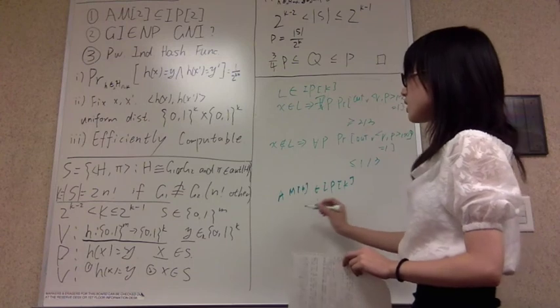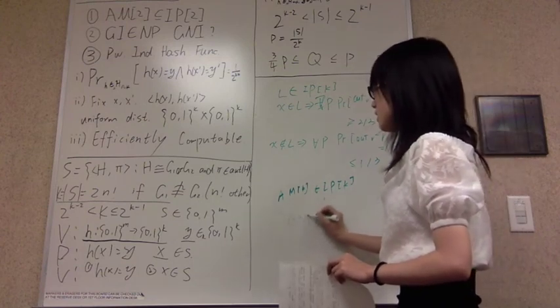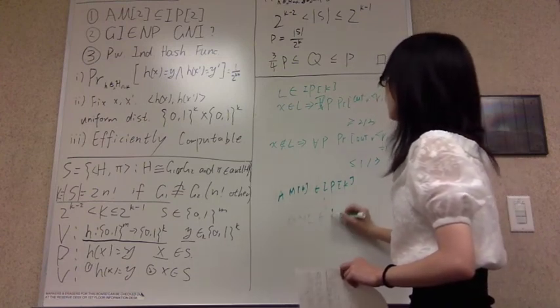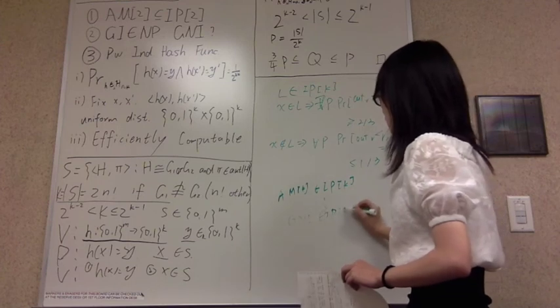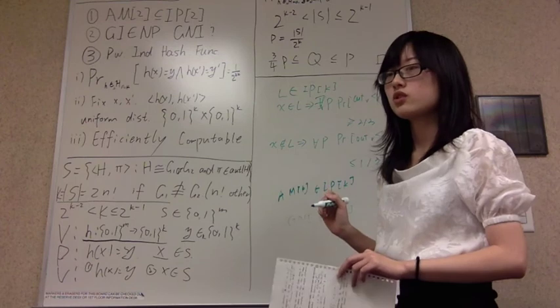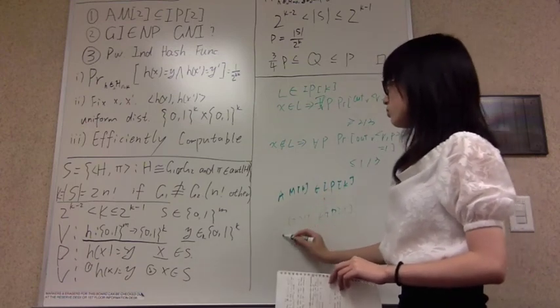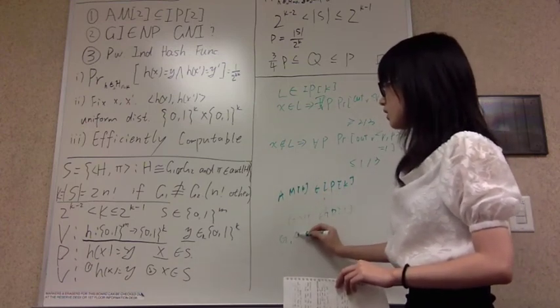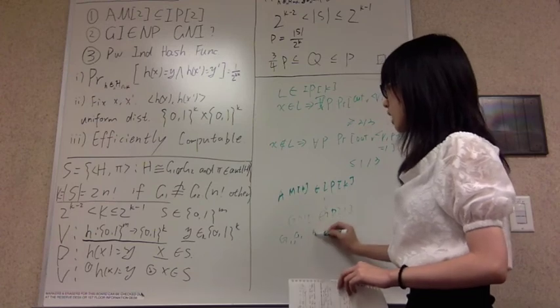And we have that GNI is in IP_1, that is, we can have a one-round interactive proof that G1 and G2 are not isomorphic.